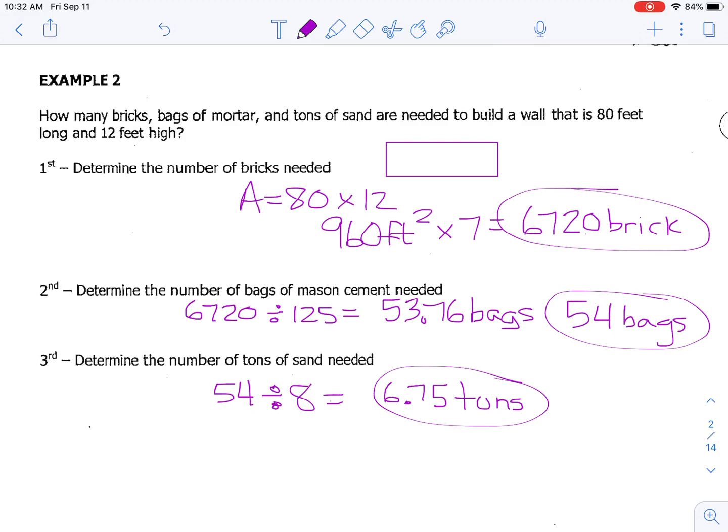Now, for any one of these 3 estimates, would we order exactly that amount? No, we would not order exactly that amount because we have to account for breakage and different things. Okay?